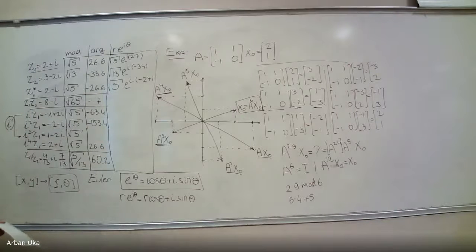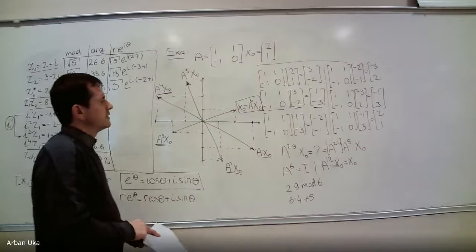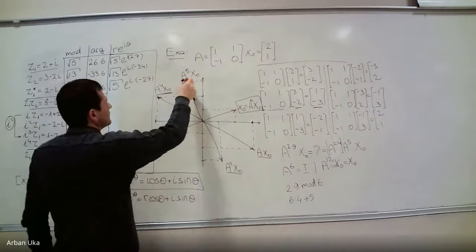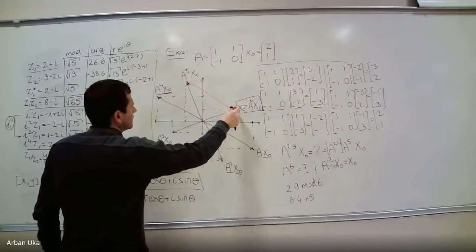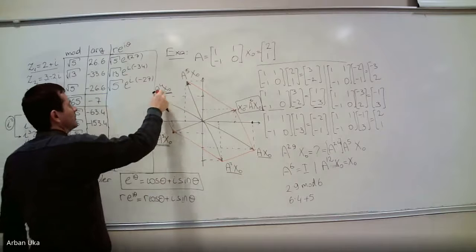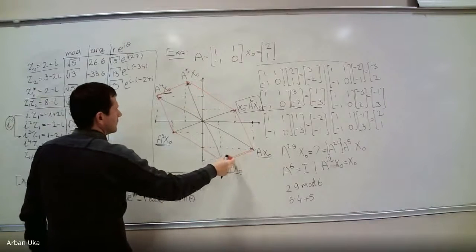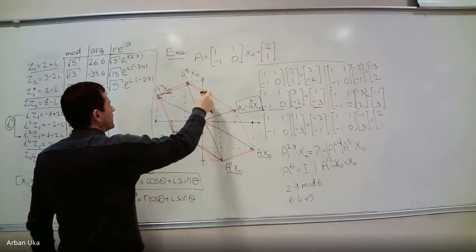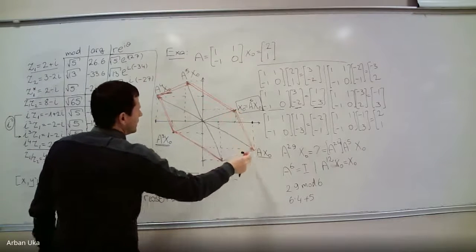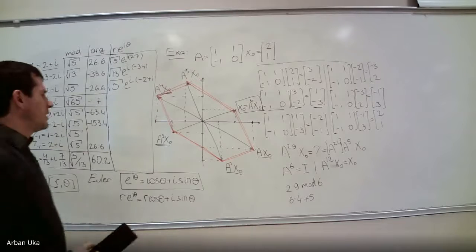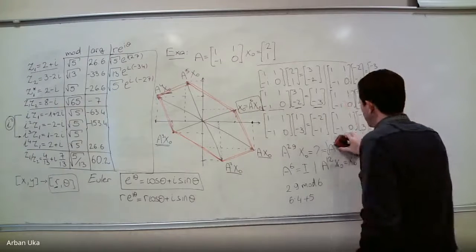But now, what we can observe here also is that it looks like a to the power 6 is equal to the identity matrix, because as you said, it comes back to the initial vector, and a to the power 3 is equal to the minus identity matrix.